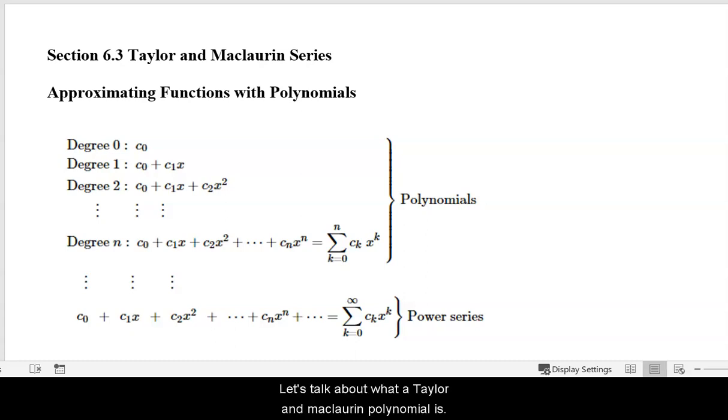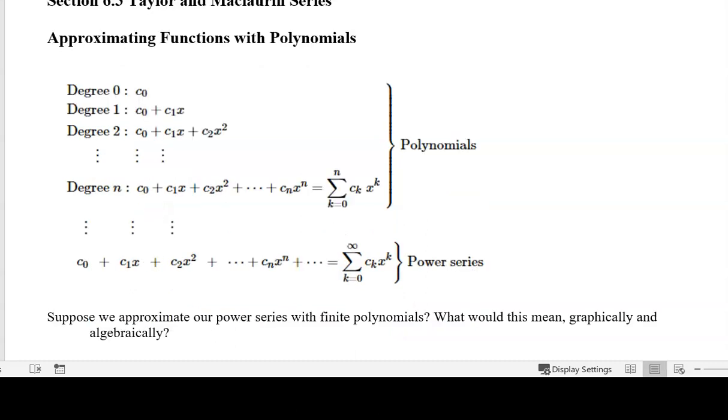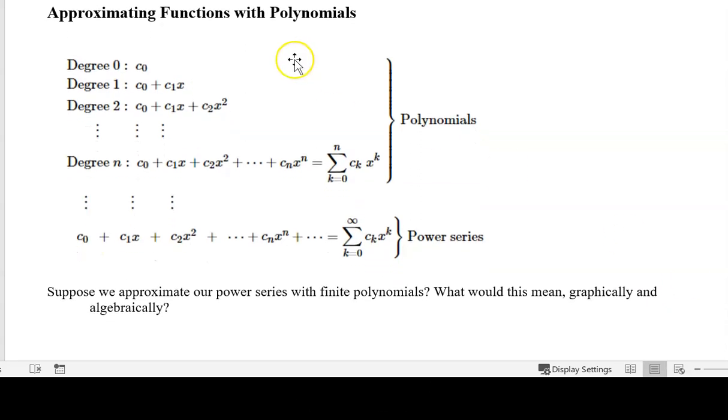Let's talk about what a Taylor or Maclaurin polynomial is. First, we want to start with the idea of approximating a function with a polynomial. In the center of the screen, you'll see that we have different polynomials. We have a degree 0 polynomial, which is basically a constant, and a degree 1 polynomial is, of course, just a line.